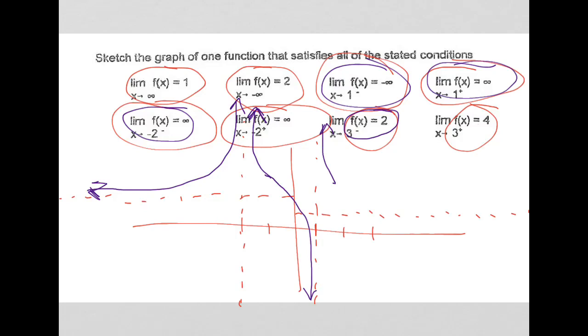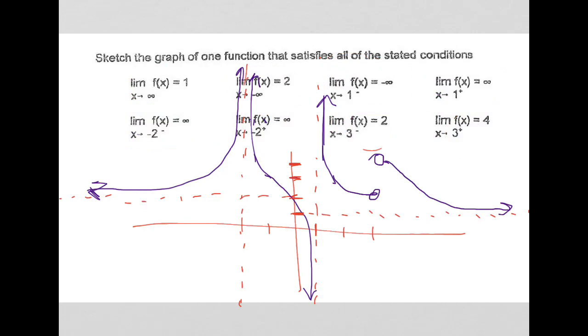One last thing to look at: the x value of positive 3. From the left, the limit is 2. So when I hit positive 3, I'm at that y value of 2. But my limit as x approaches 3 from the right is positive 4. So that tells me I have to be there and moving out to the right. But then I know that the limit as x approaches infinity is 1, so I level out to that horizontal asymptote.